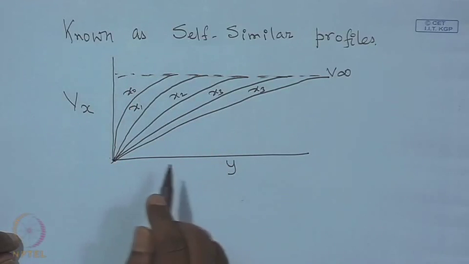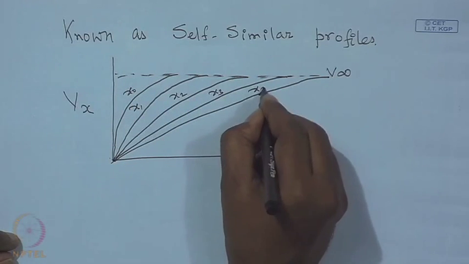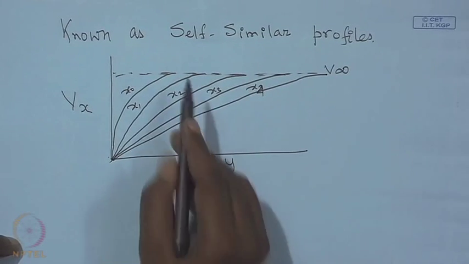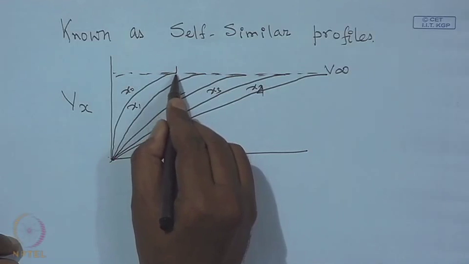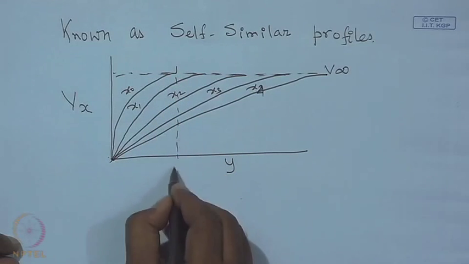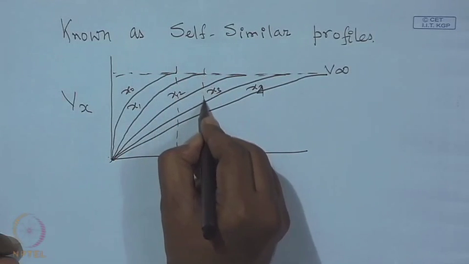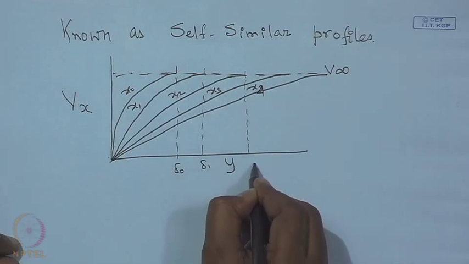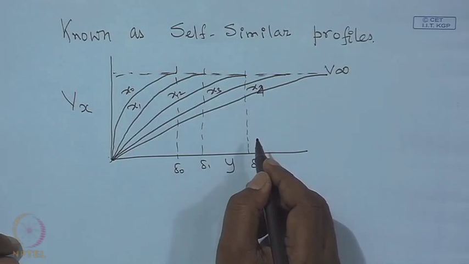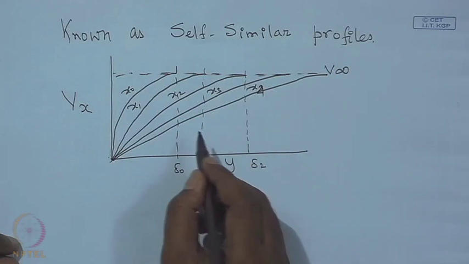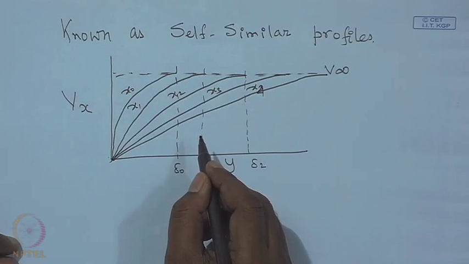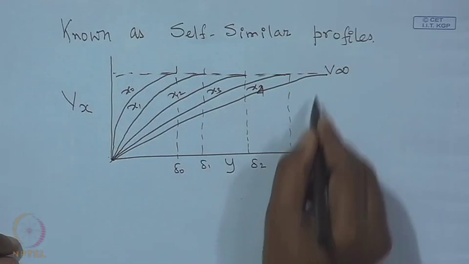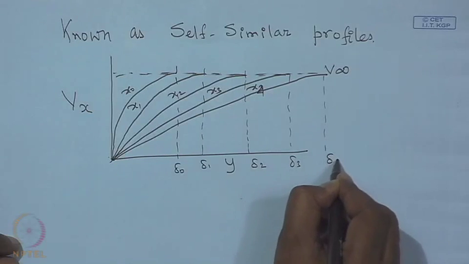As x increases, the velocity attains the free stream velocity at different values of y. So, this corresponds to delta 0, this to delta 1, this to delta 2, this to delta 3, and this to delta 4.